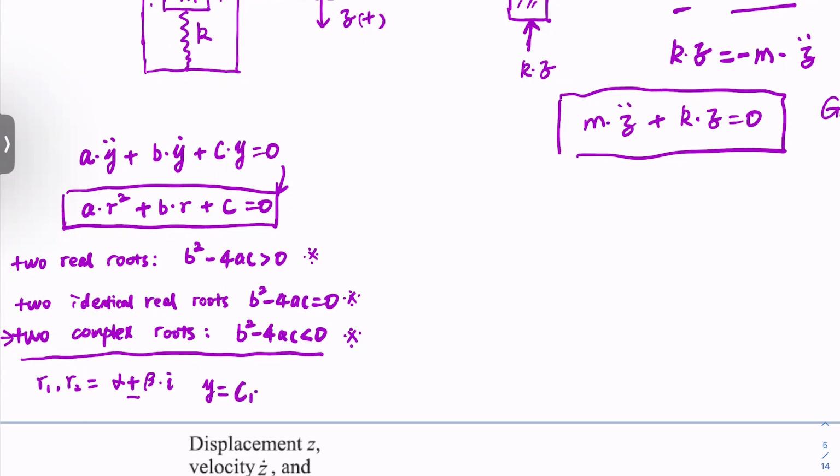C1 times e to the alpha t cosine beta t plus C2 times e to the alpha t sine beta t.